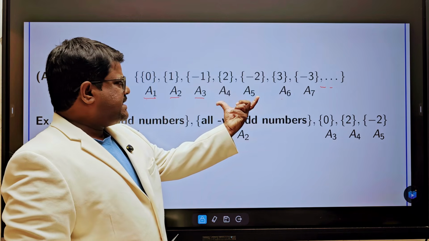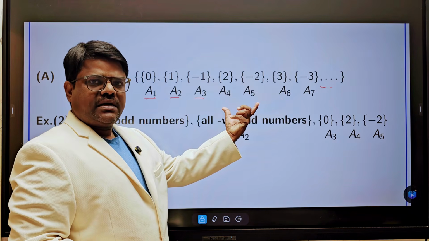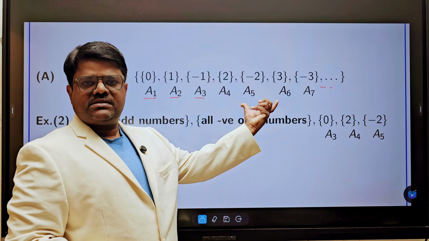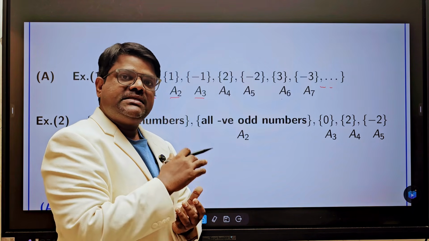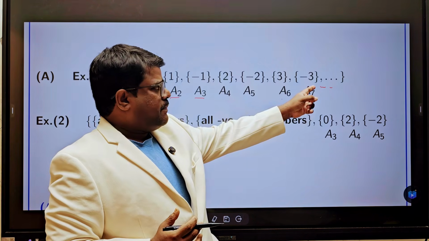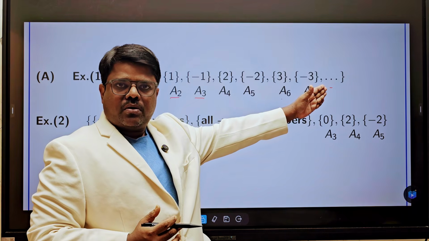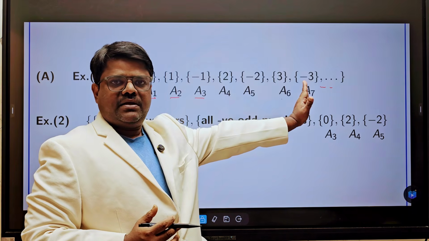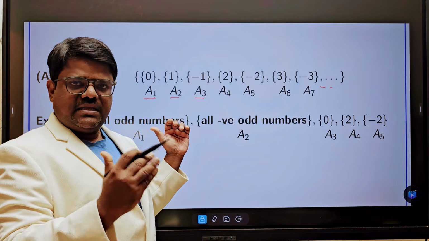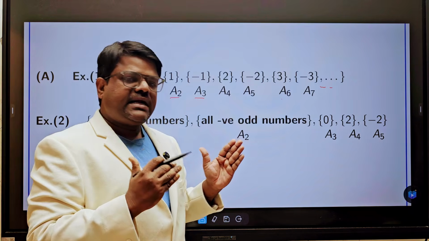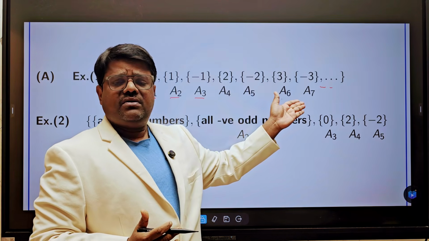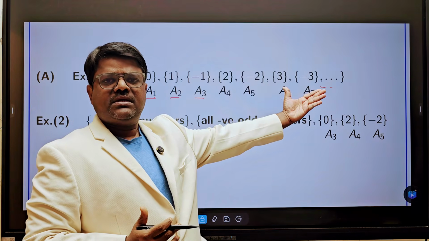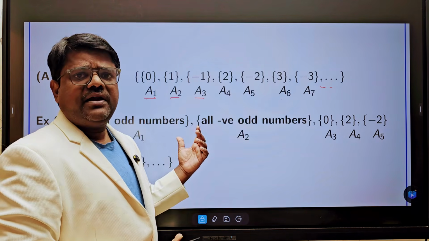A3 is finite, A4 is finite, A5 is finite, and so on. So by this collection of subsets, if I take the union of all these subsets, I can form the integers Z. The numbers continue and so on, because it is infinite. The set of integers is an infinite set, but I cannot write the complete set because I cannot write an infinite set.